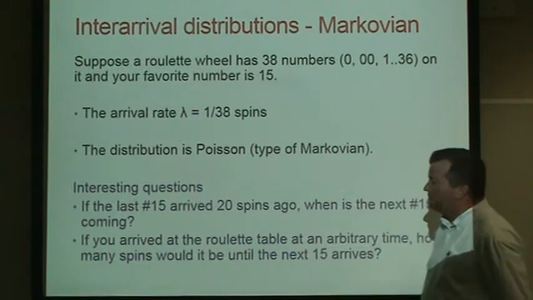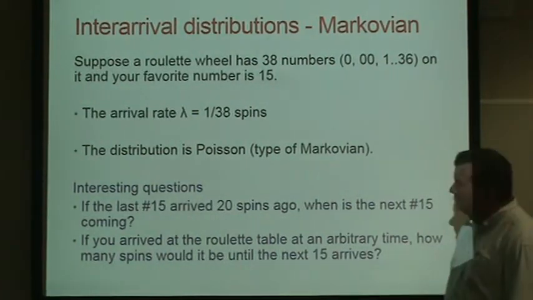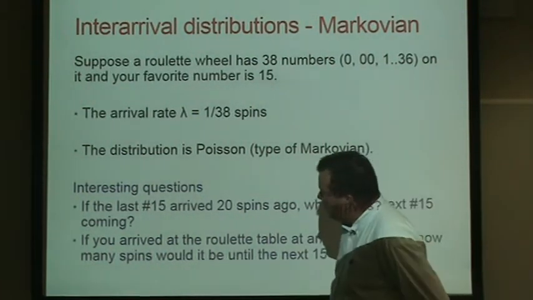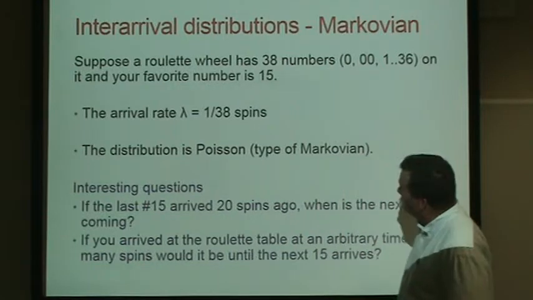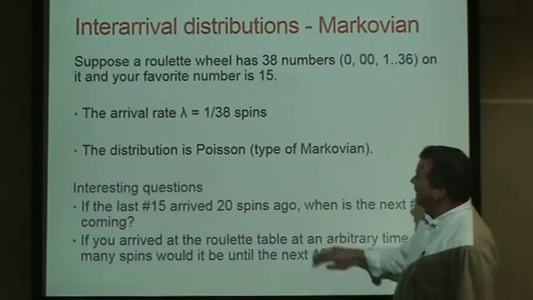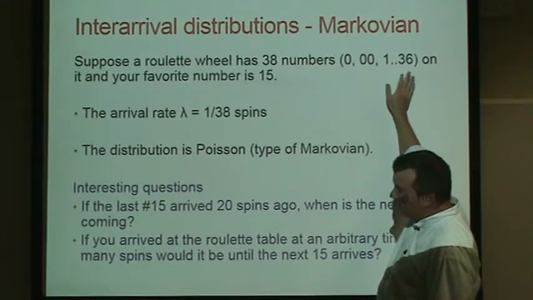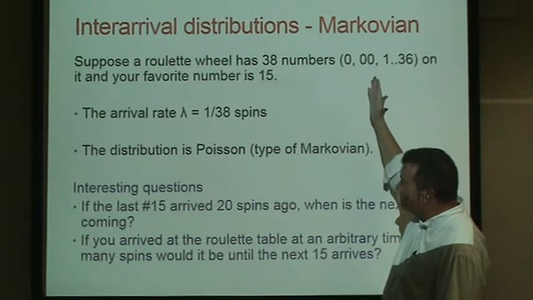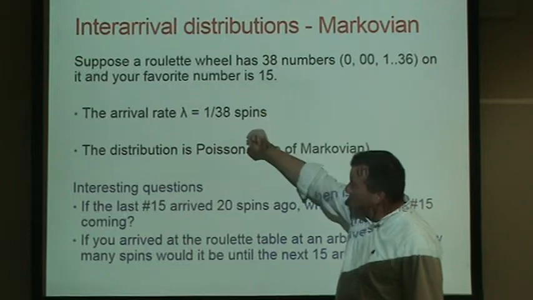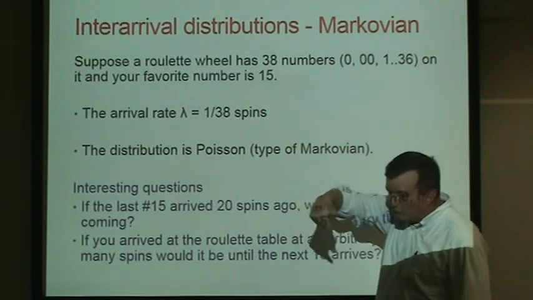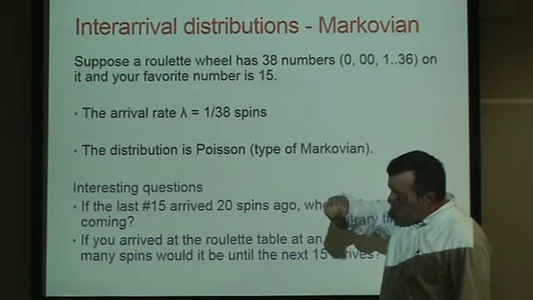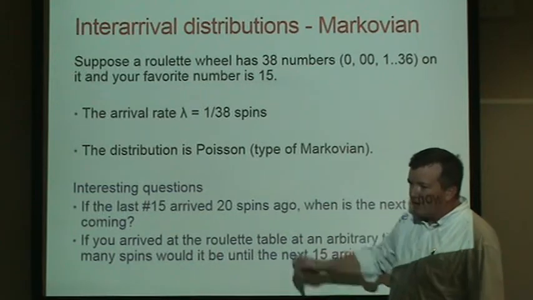So one example might be if you play roulette in a casino. A roulette wheel has 38 numbers on it, 0, 00, and then the numbers 1 to 36. So if you have a favorite number, like let's say 15, if there's nothing wrong with the wheel, the number 15 will come up 1 out of every 38 spins.